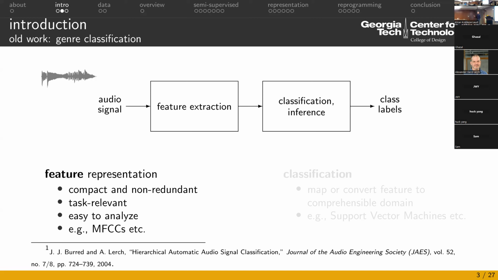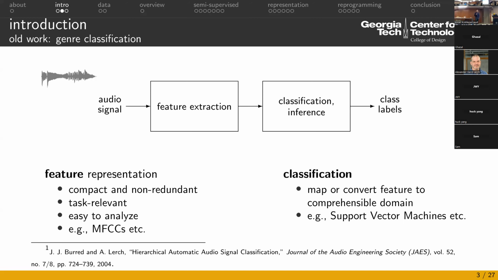So it doesn't help to have a technical descriptor of an audio signal if it's meaningless to detect, for example, musical genre, if we want to classify that, and relatively easy to extract and to interpret. And then this was followed by this traditional classification theme. So we had Gaussian mixture models, support vector machines, and so on, and got our classification done.